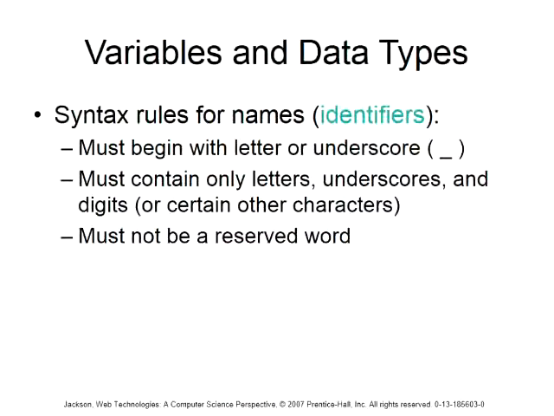Good. Let's move to syntax rules. Names must begin with a letter or underscore. In JavaScript, the variable must contain only letters, underscore, and digits, or certain other characters, and must not be a reserved word.